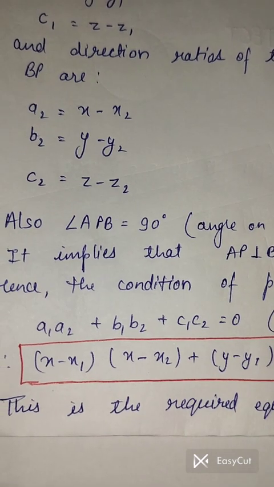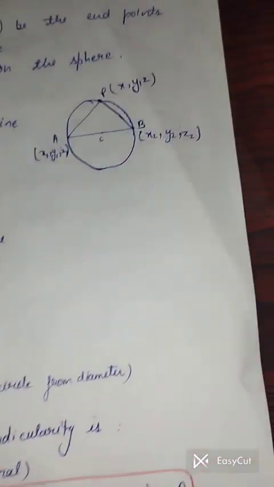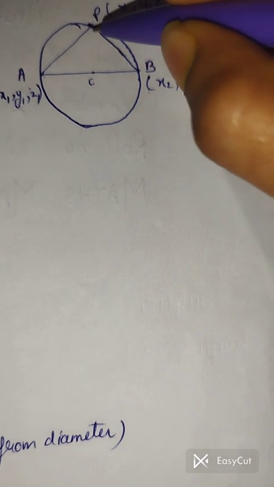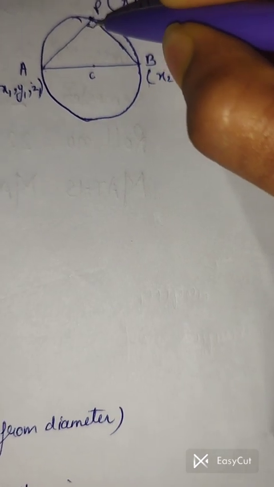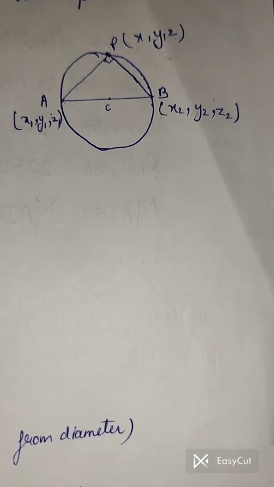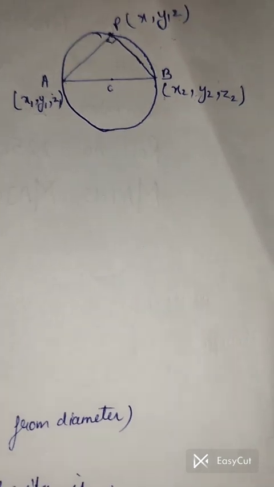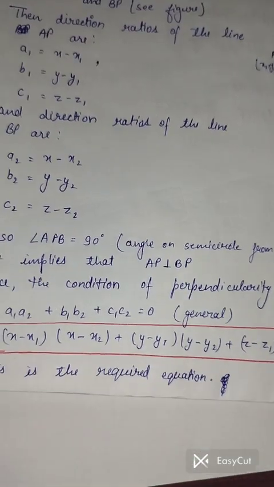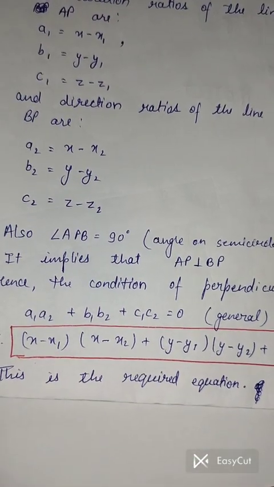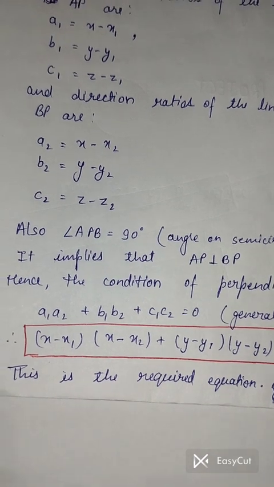And also angle APB is 90 degree. As we all know, the angle subtended by the diameter at any point on the semicircle or the curve of the circle will be 90 degree. Therefore, the angle APB is 90 degree.